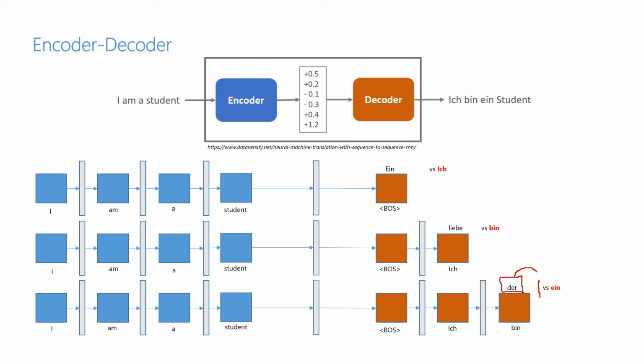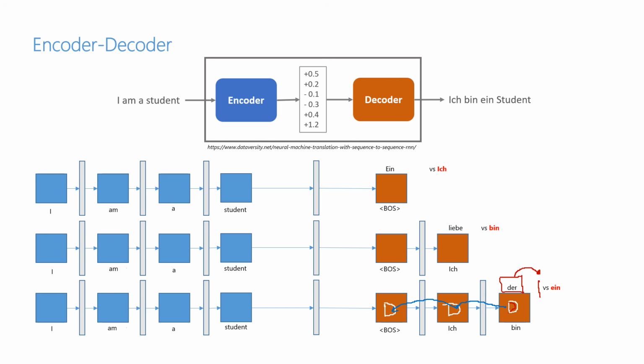We compare the output that we get with the expected output, we calculate the error, and we update the weights in this decoder RNN, which we know is a single network. So we propagate through this network and update the decoder network weights a little bit, and then some more, and then some more.